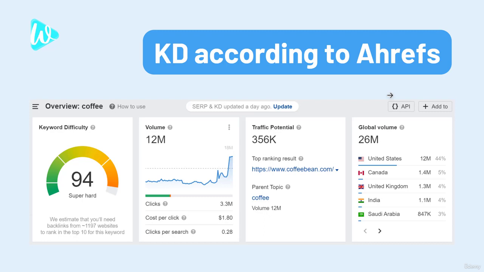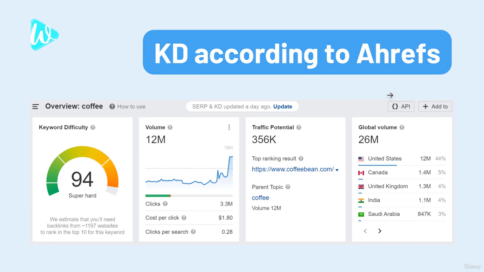And it even gives you the volume. So 12 million people look for the keyword only in the United States. The number of clicks is 3.3, and for the money, or how much it's going to cost you if you want to bid for a specific keyword on Google, you're going to have to pay $1.8 for every person you want to click on your website via advertising.